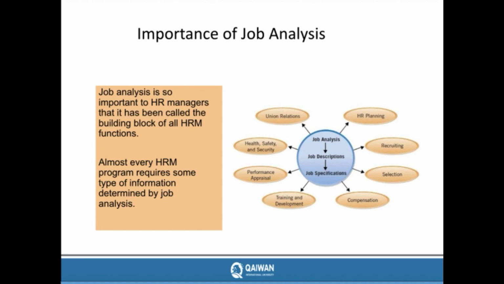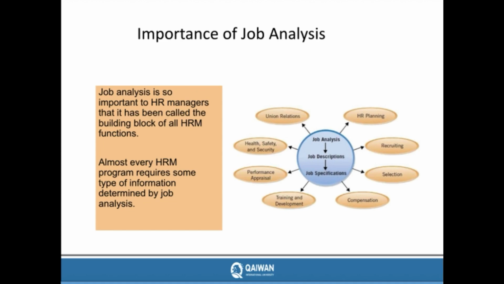Also, for performance appraisals, how do we evaluate employees? Based on what? We use the job descriptions, so the tasks and the duties, to measure whether the employee performs well or not. Also, another function of HR is compensation.